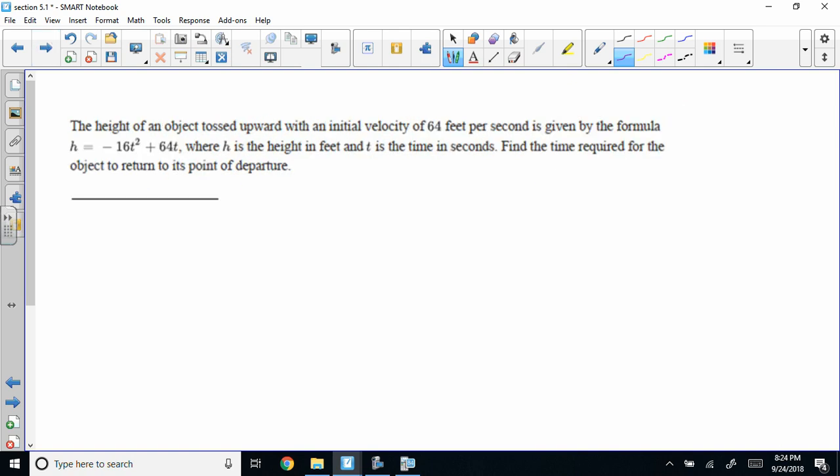All right, let's get into some word problems. The most famous word problems you could ever do for a quadratic are projectiles. You're going to shoot something, and you're going to use a quadratic equation. Anybody study ballistics, the paths of bullets and whatnot?